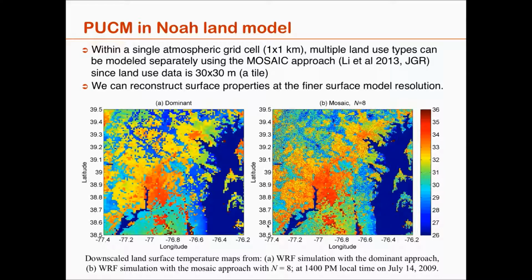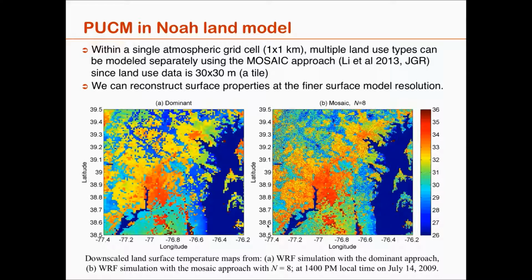If you typically use that, because heterogeneity in urban areas is so extreme, you are missing a lot of the small scale heterogeneity. But you cannot refine your atmospheric models beyond that because the computational cost will be extreme.